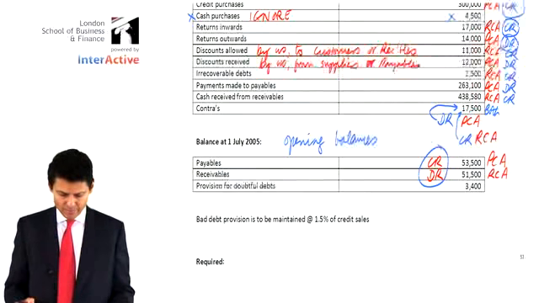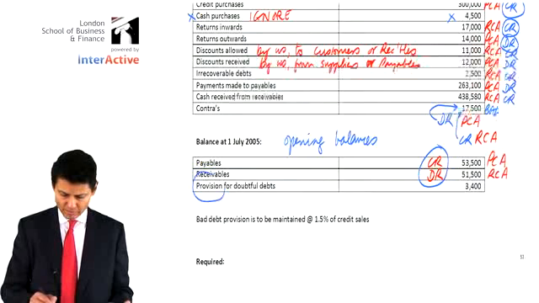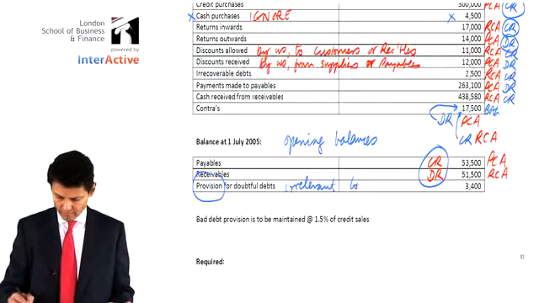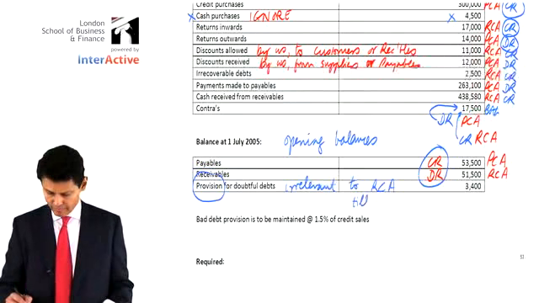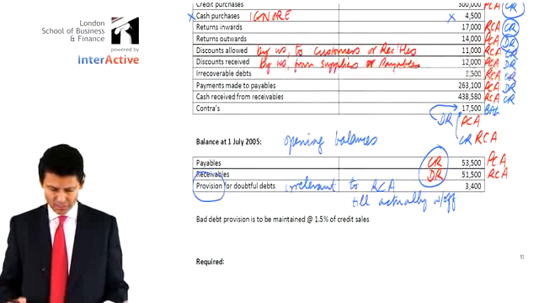Careful. Provision for doubtful debt. The fact that it's a provision disqualifies it immediately. It's irrelevant to a receivable control account till actually written off.